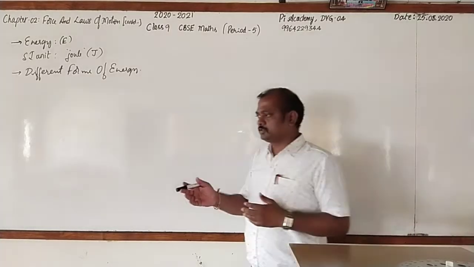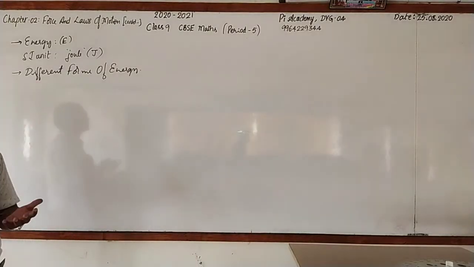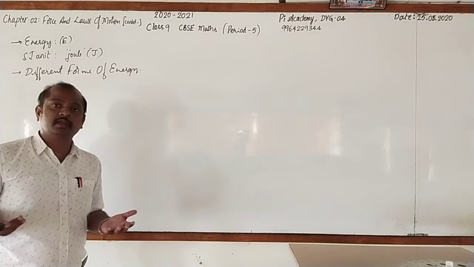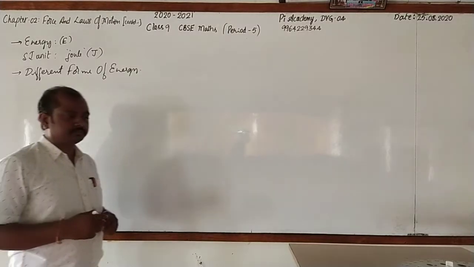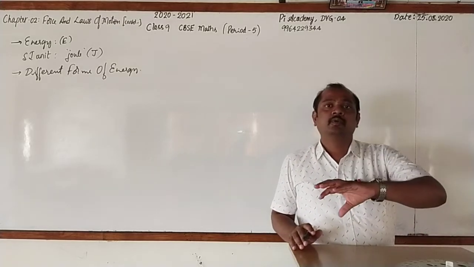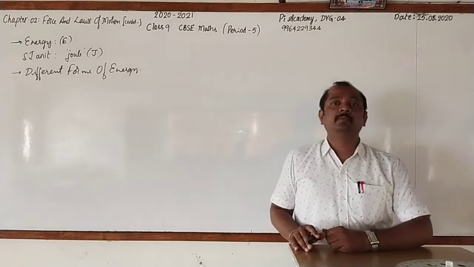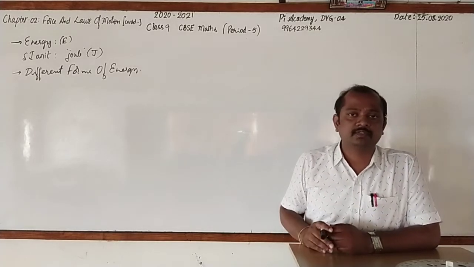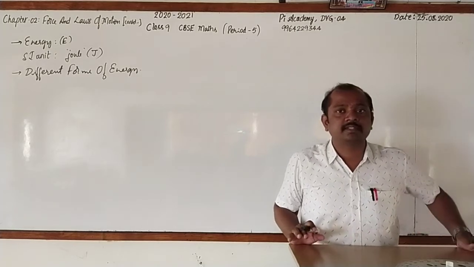Other than that, there are some other forms of energy like electrical energy, sound energy, atomic energy, chemical energy, mechanical energy. These are the different forms of energy. And we have even learned how energy is converted from one form to another form, and what devices are used for these conversions, right? We have learned about these in our previous classes as well.